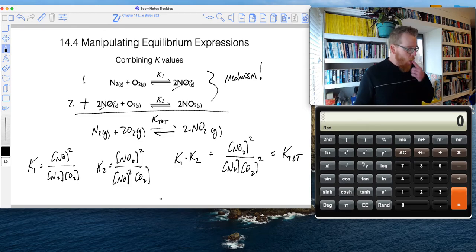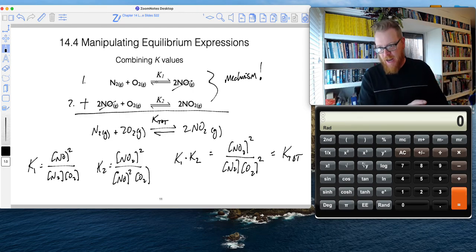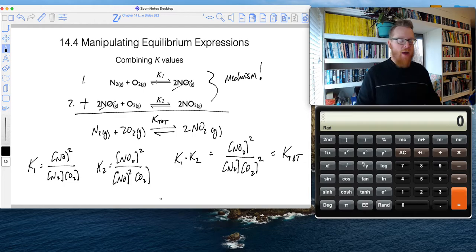Okay, so when I combine reactions like this and add them together, the equilibrium constants and the equilibrium expressions get multiplied together. Okay, so keep these manipulating K expressions straight.